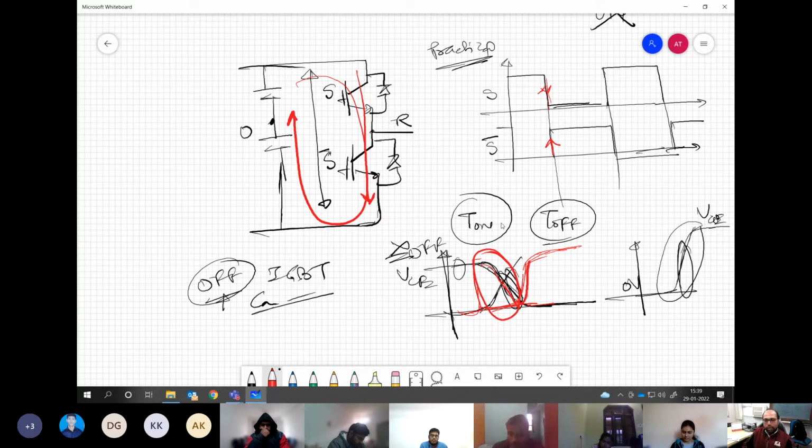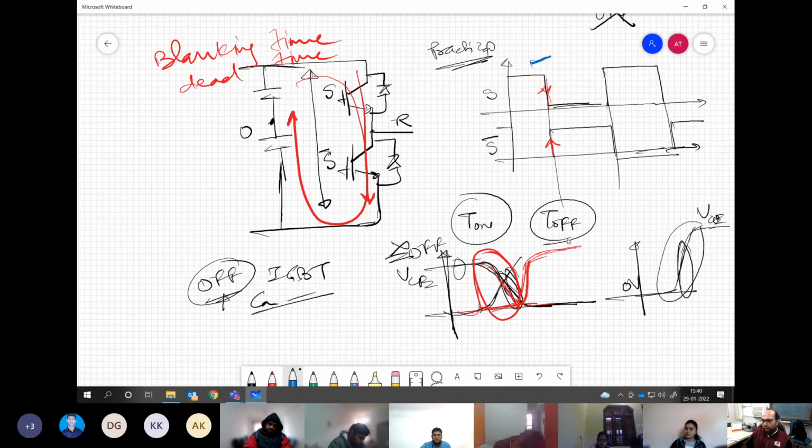That's why we need to give some blanking time, which is also called dead time. Which means, if this is our one device which is going off, the other device can only turn on after a certain time.